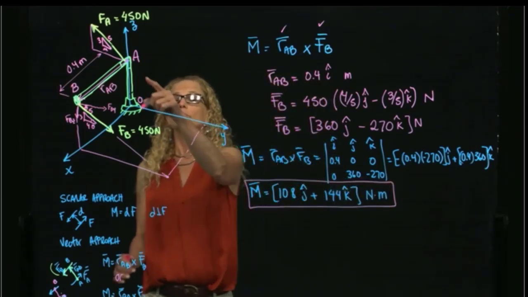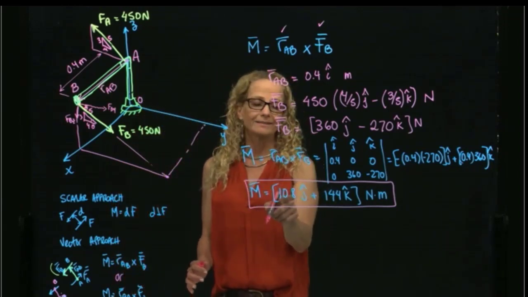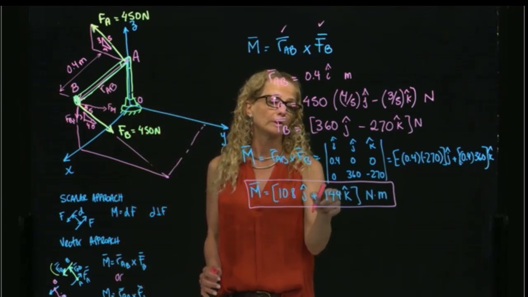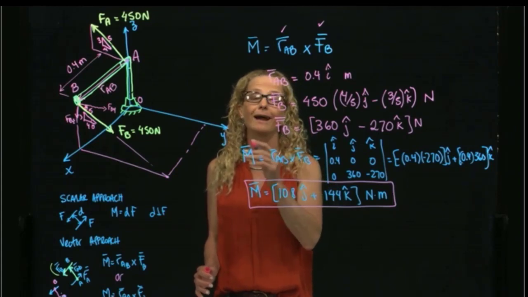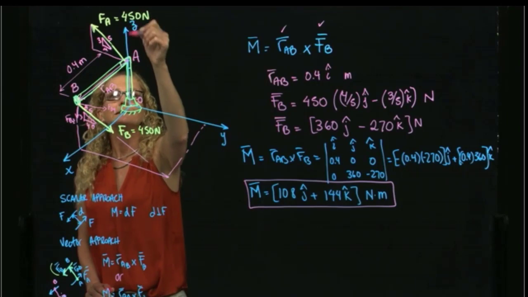So we were able to calculate the moment, and if you see, the direction has a component in J and a component in K, and it doesn't have any component in I. So it's parallel to the plane JK.